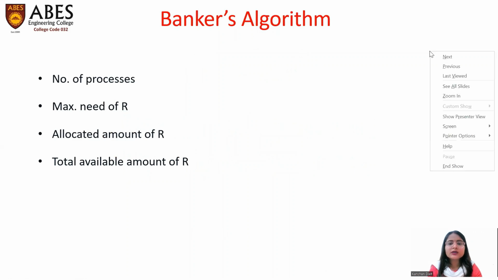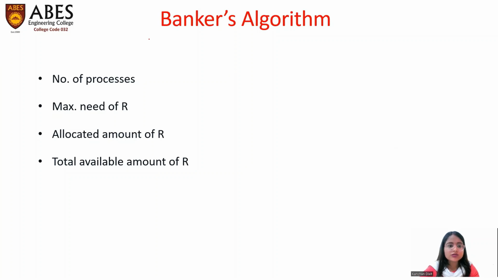There are some details that will be required about the system while we go for the Banker's algorithm. That is the number of processes, the total number of processes like P1, P2, P3, P4, P5. So N is 5.